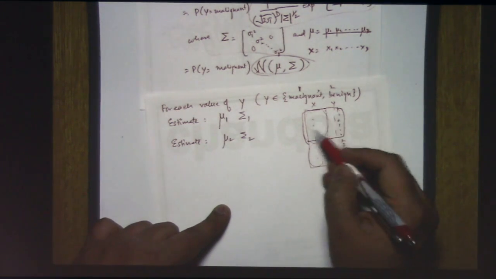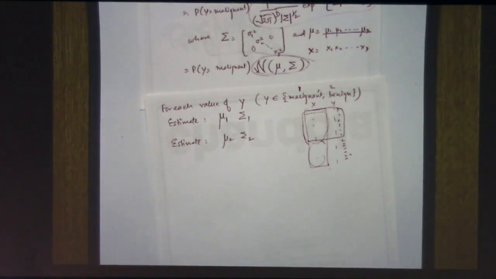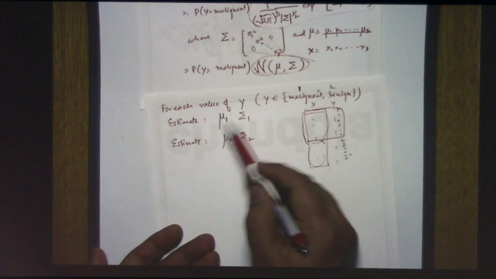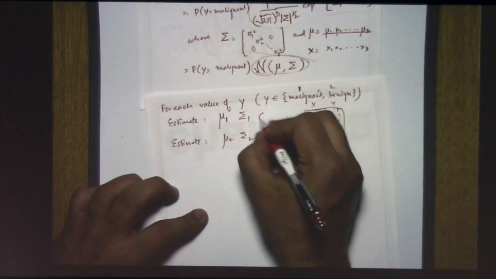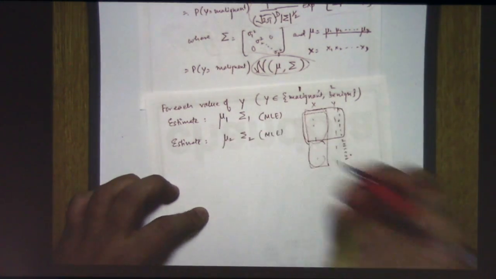You can estimate, assuming that each x here is coming from a multivariate Gaussian. I have shown in the past how to come up with estimates for mu and sigma. We do that typically using MLE, and we can get more fancy and put a prior on that. But right now we're assuming that we can do an MLE estimate.